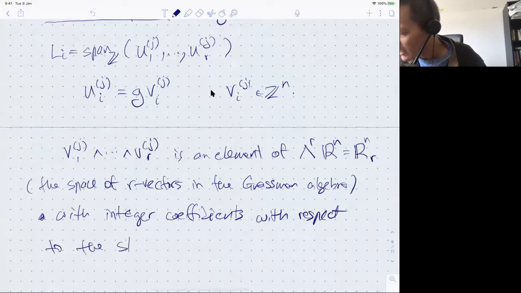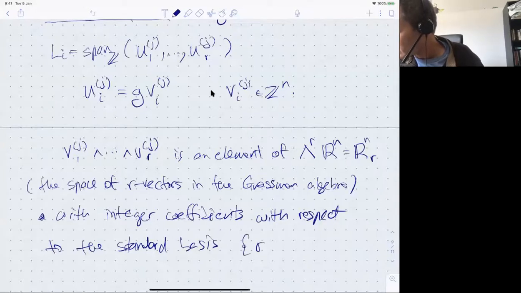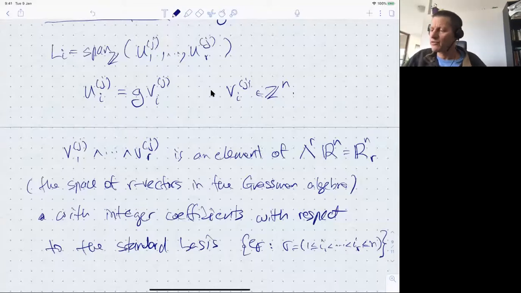We used a standard basis, e sigma, where sigma is an r-tuple. These formal symbols e sigma were generators, a basis of this space. And if you express each one of these vectors individually in the standard basis, it has integer coefficients.